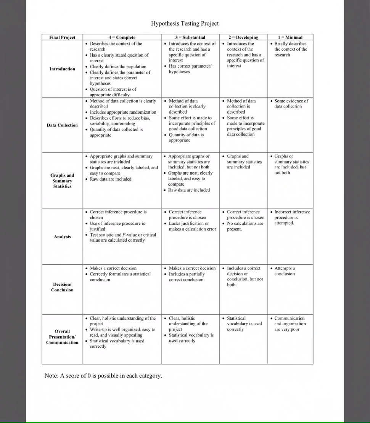But to get a 4, it explains all the things you need. So obviously that's the goal. And then the 3 is broken down, 2 and 1. And so just go ahead and look at this. Start familiarizing yourself with it so you can be prepared whenever you learn chapter 10.